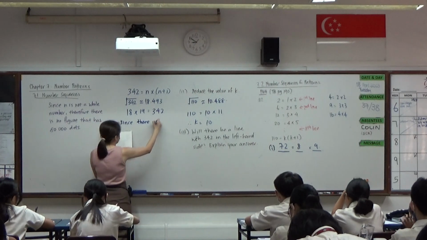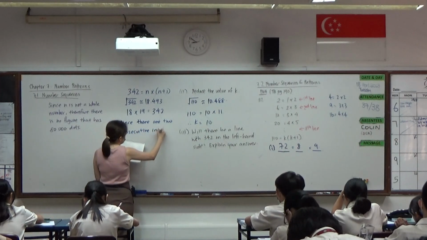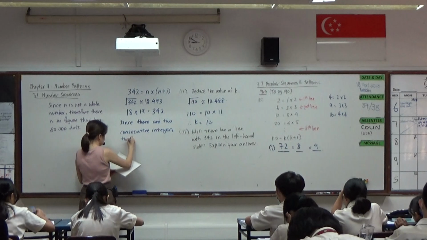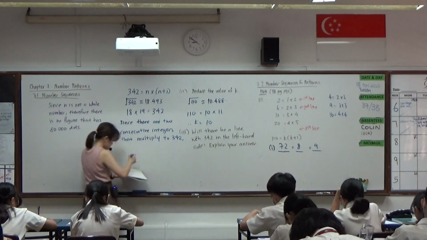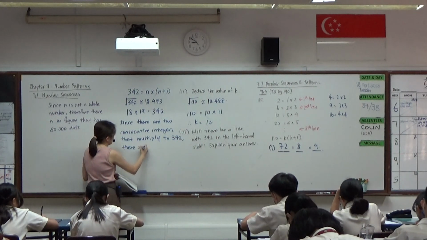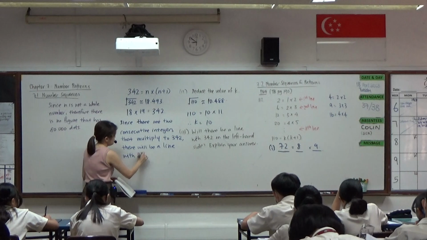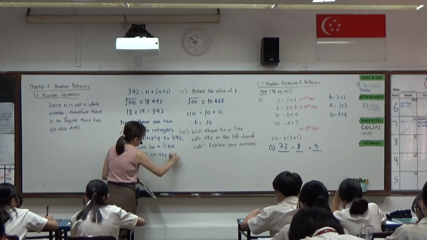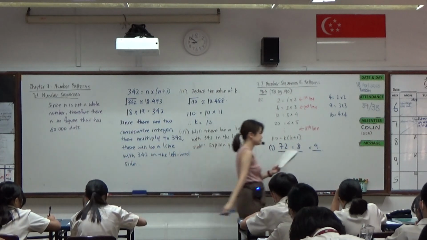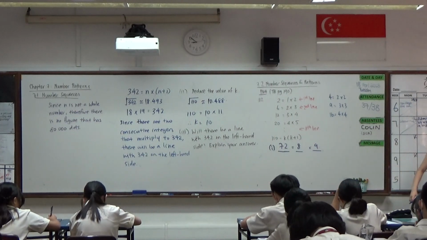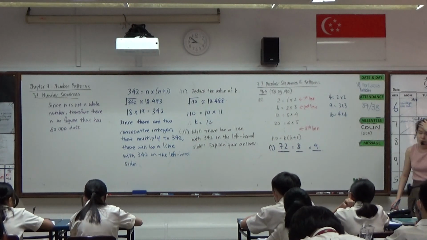So, since there are two consecutive integers that multiply to 342, there will be a line with 342 on the left hand side. Okay? Questions?